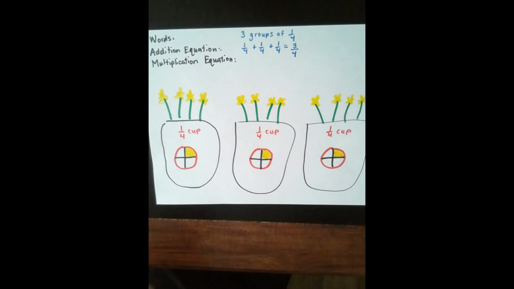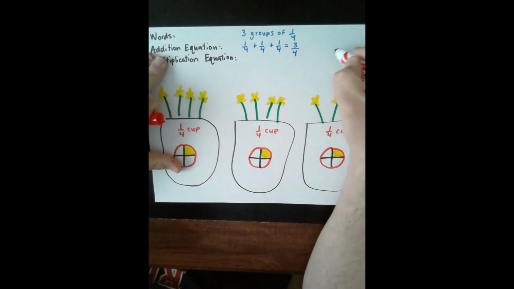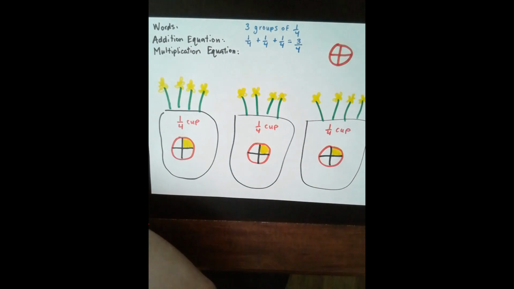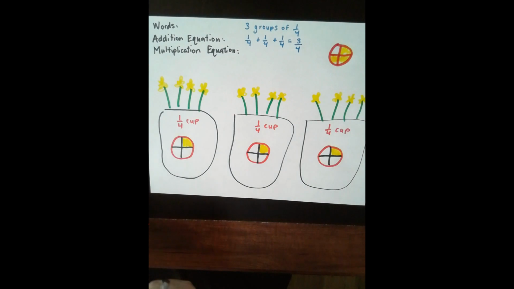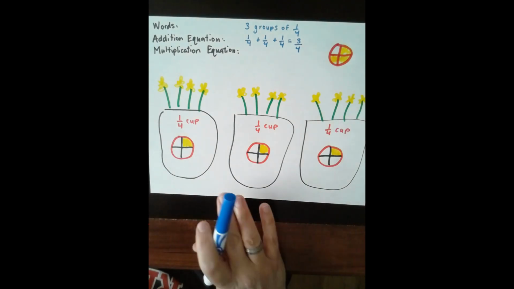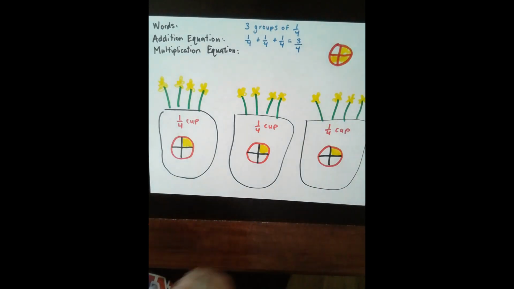And I can prove that to you by taking a fraction circle here on the side. Let me just draw one and show you that 1/4 plus 1/4 plus 1/4 would equal a total of 3/4. So since we know a little bit about how multiplication works, we know that multiplication is a fancy way to say groups of.